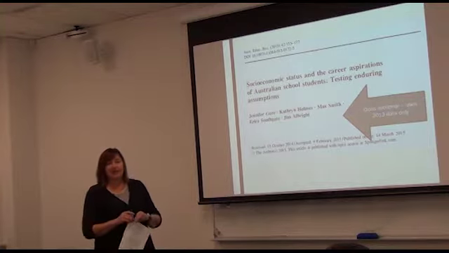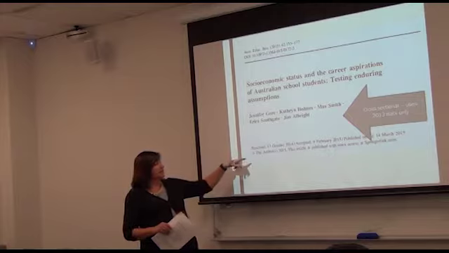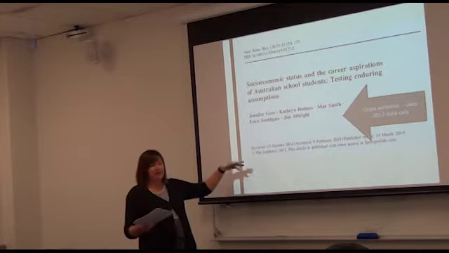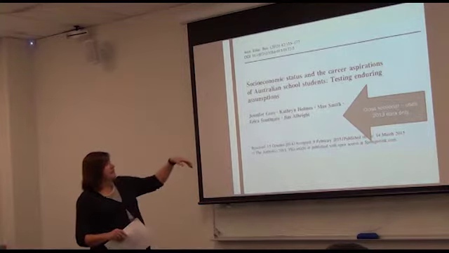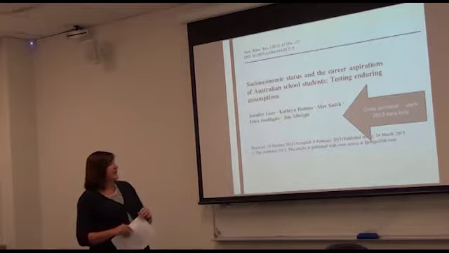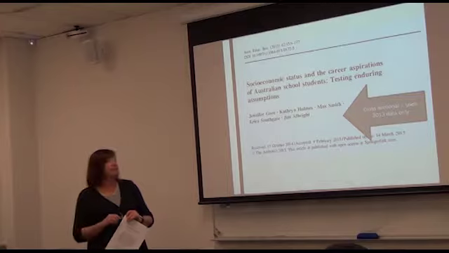So we just used the 2013 data because it had more. That paper is open access, but all of you would have access through the library anyway. That was sort of the first go we had at analysing the data. So the students in this are in year 4, 6, 8 and 10.